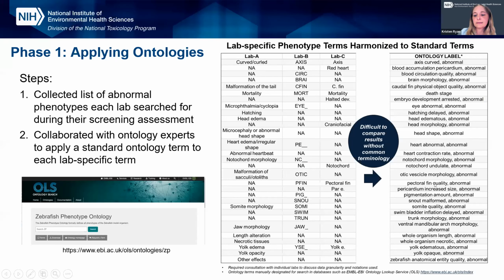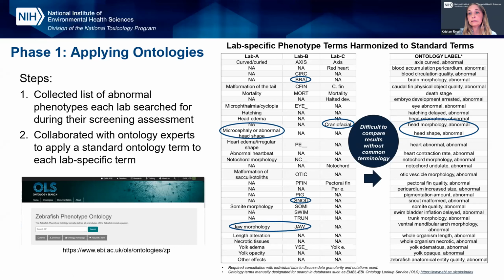So we could harmonize terms and find out where we had consistencies and where we didn't. Here's an example of looking at craniofacial malformations across the labs. And again, if you weren't particularly looking for this, you might miss the fact that all the labs are looking for something similar, but you might just not know that.